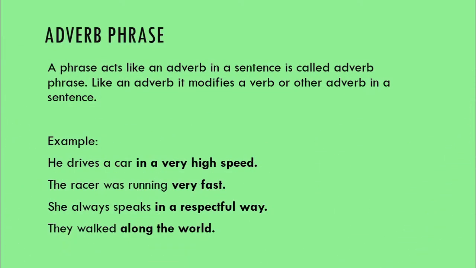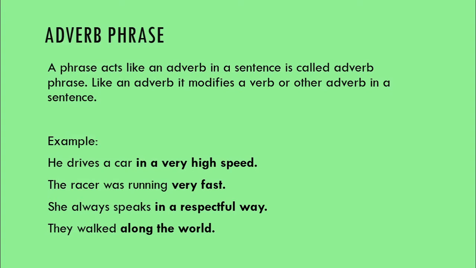Adverb phrase. What is an adverb phrase? A phrase that acts like an adverb in a sentence is called an adverb phrase. Like an adverb, it modifies a verb or another adverb in a sentence. For example, he drives a car at a very high speed. So in a very high speed indicates an adverb.